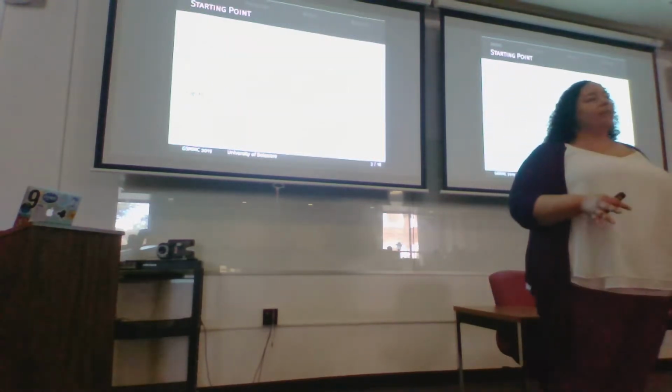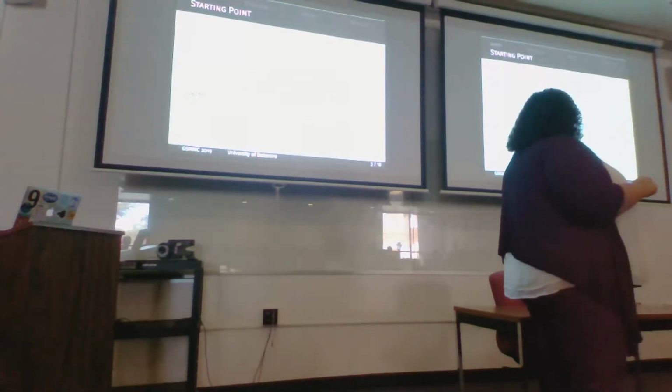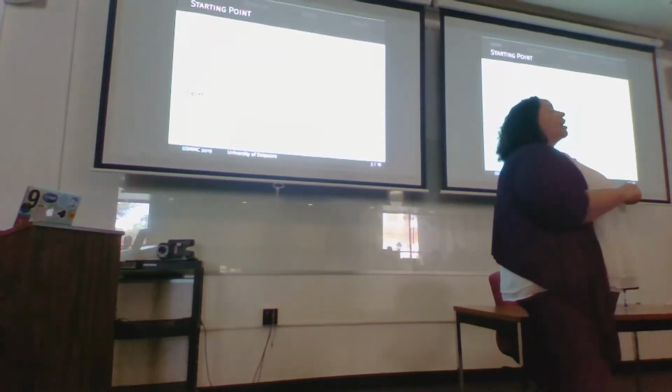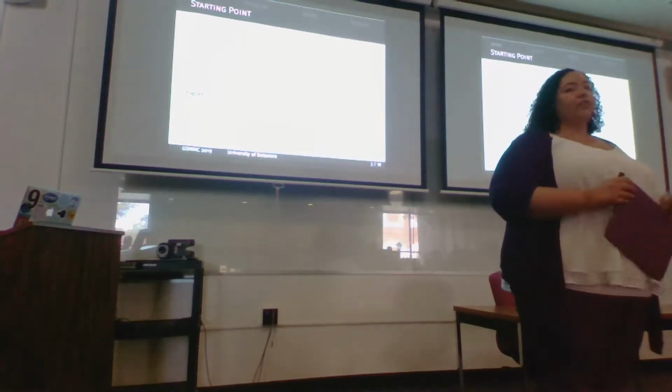So our starting point was this very simple model. We just took a diffusion equation right here, with the diffusion parameter D, which is established by literature, of the diffusion of the drug out of the contact lens.